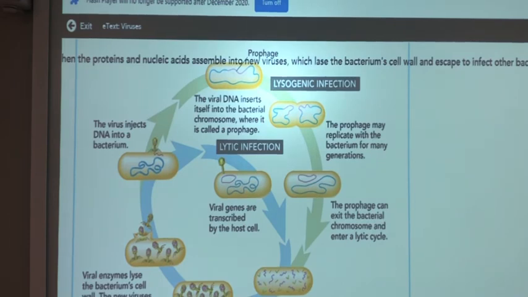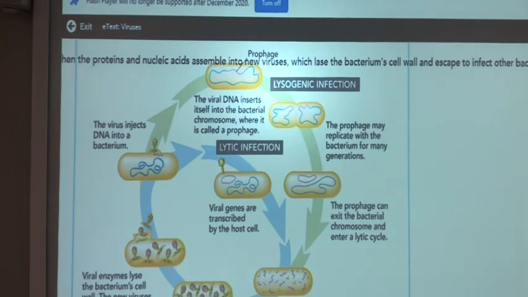I want you to copy this out completely, label it, take a picture, and send it to me. Make sure it's completely labeled. Let's go through the steps here.